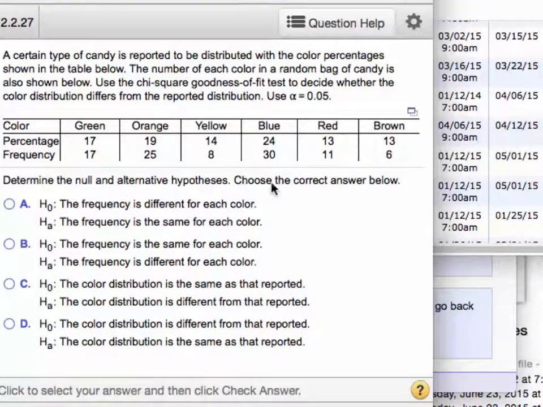So the null and alternative hypotheses: what's the null hypothesis going to be? The color distribution is the same as that reported. Right. Always our null hypothesis is something like things being equal. Always. Every problem we've ever done. And what we're testing with a goodness of fit test is whether our observed distribution is the same as our expected distribution.